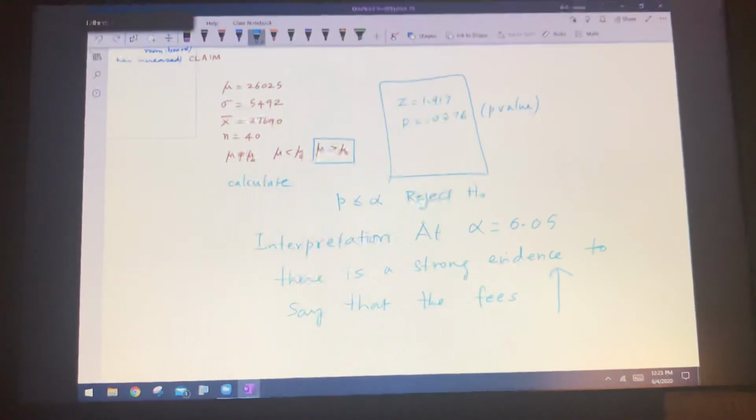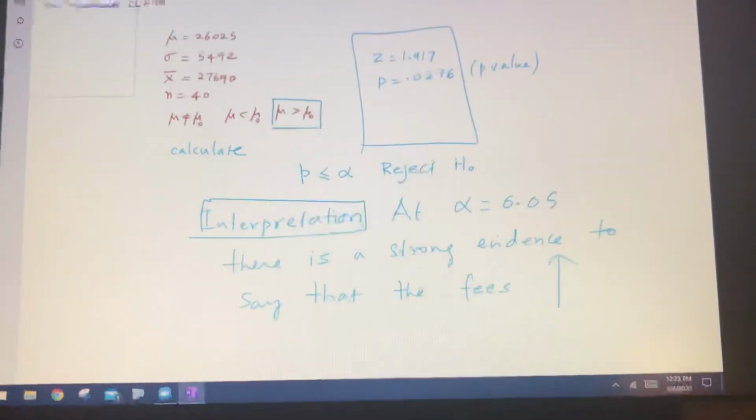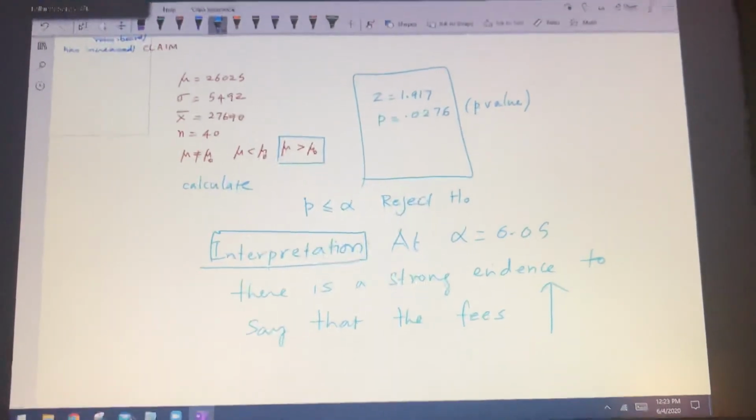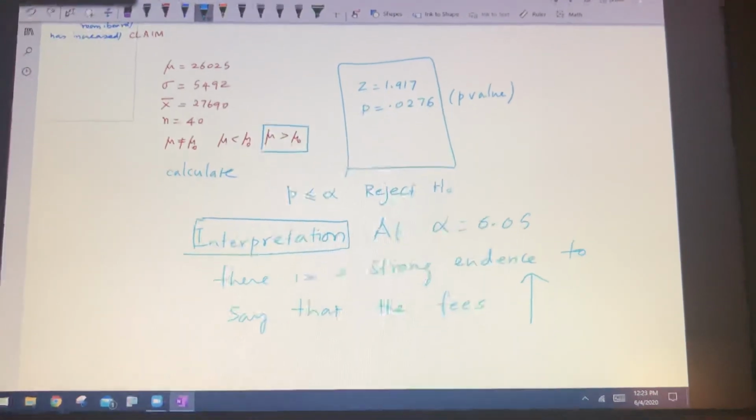So that's what we are going to be concluding. That is your conclusion or the interpretation. So basically, we are testing whether the statement is going to be accepted or rejected. That's what is going to be done.